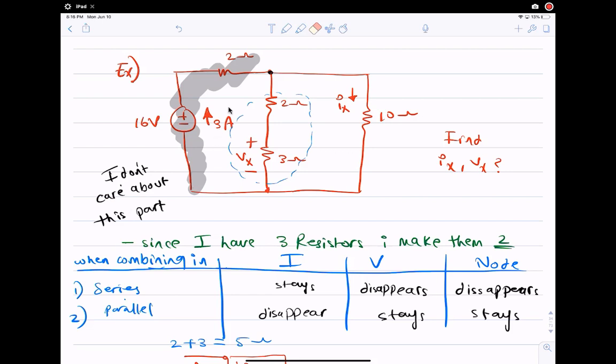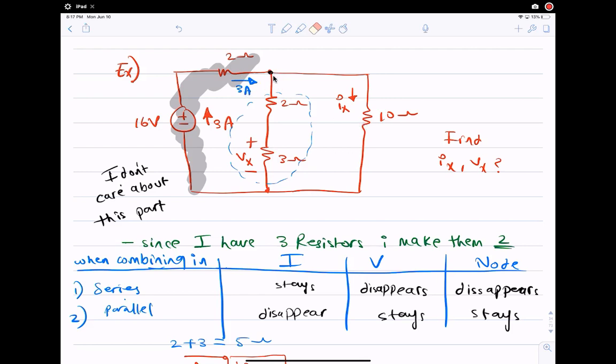What I care about is to put the current which is entering here as 3 ampere, and then name this current here and this current here. But I can see that this 3 ampere ignored this 2 ohm. It goes into that joint and would see 1, 2, 3 resistors.